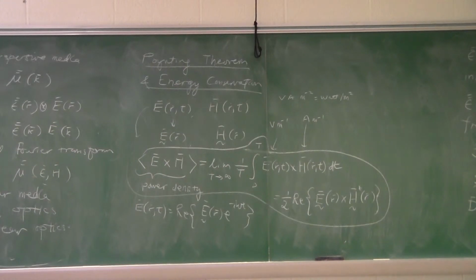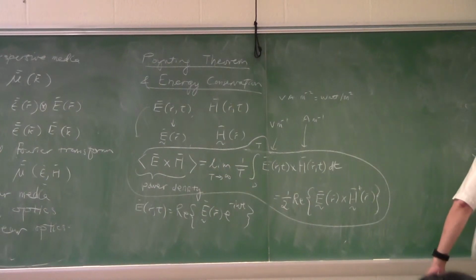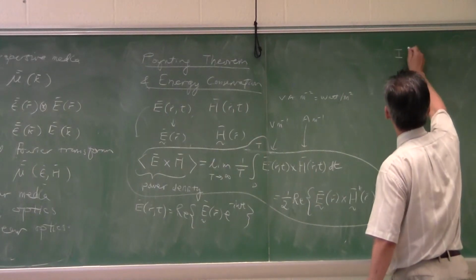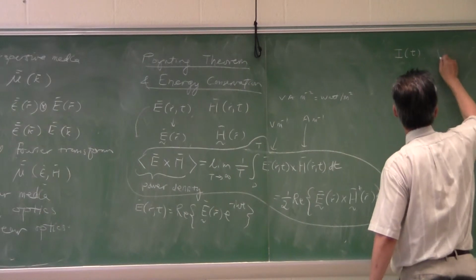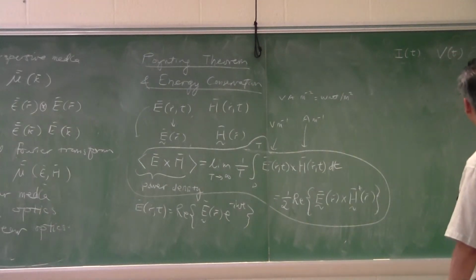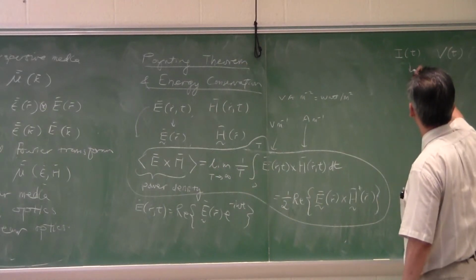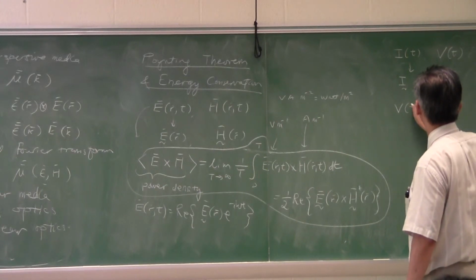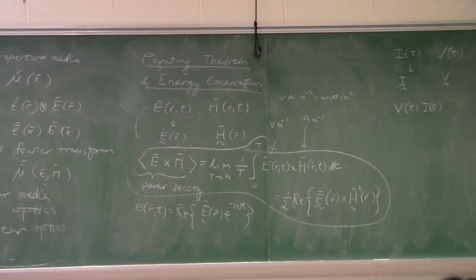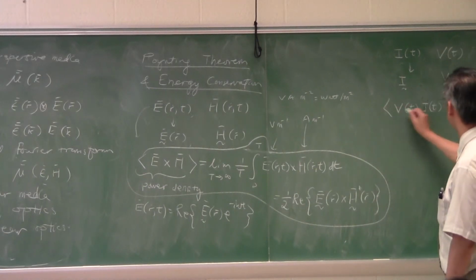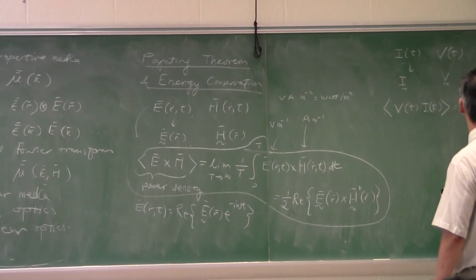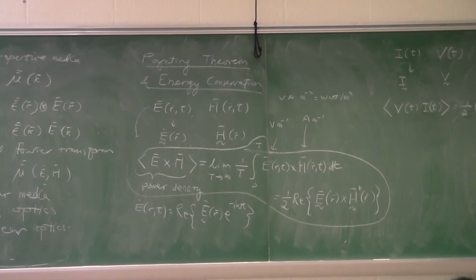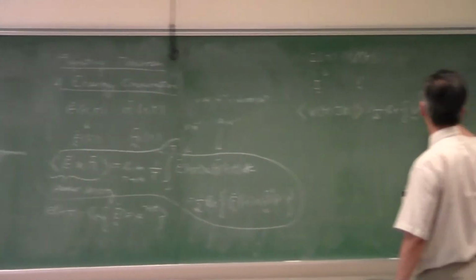This relationship follows from circuit theory. You might have first seen it in your circuit theory course: if I have a time harmonic current I(t) and a time harmonic voltage V(t), and then find the phasor representations I tilde and V tilde, then take the time average of the power V times I. It's going to be half the real part of V I tilde conjugate.